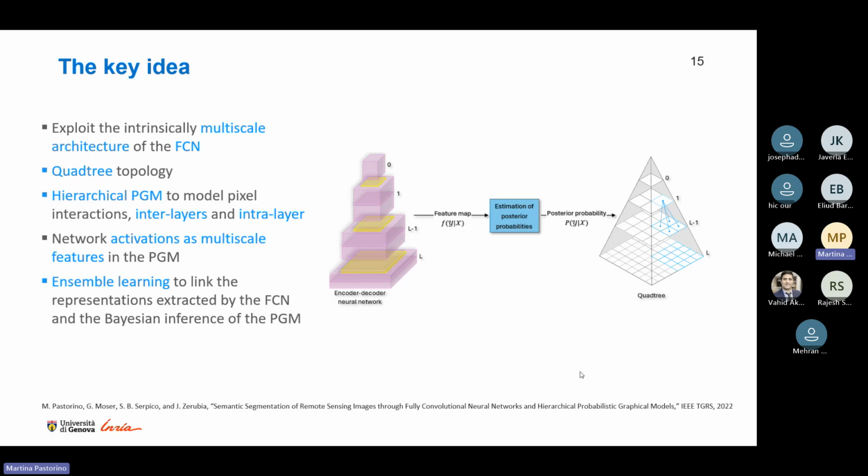And we can use some ensemble learning techniques to link the representation extracted by the fully convolutional network and the Bayesian structure of probabilistic graphical models. So basically, the idea is that you can use ensemble learning to transform the activations extracted by the neural network into posterior probabilities that can fit the quad-tree, the PGM requirements.